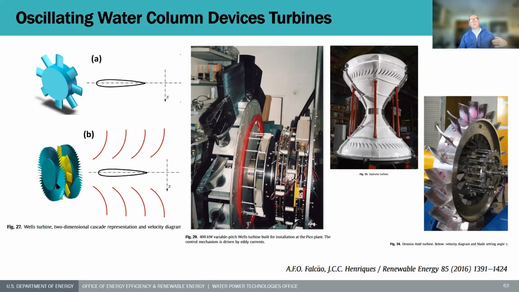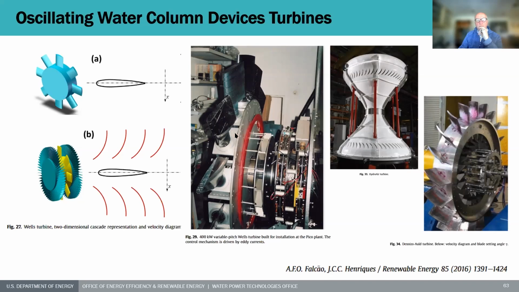So the guide vanes lead the flow into the plane of the rotor, and the rotor is shaped so that the flow is turned about 180 degrees and goes out by guide vanes again. So the impulse change due to directional change is the transfer mechanism. So it's quite different to the lift turbine here. So the turbine in here is typically an impulse turbine, and this one is also very different.